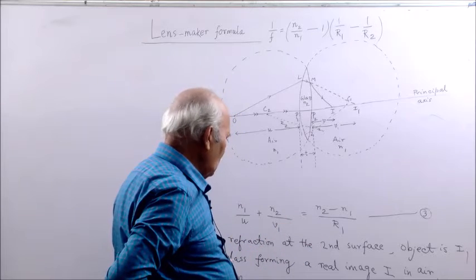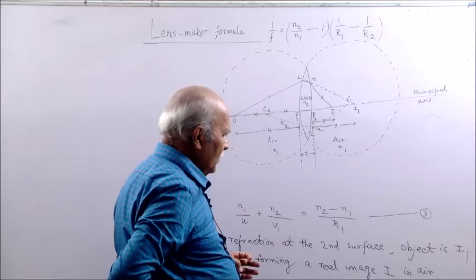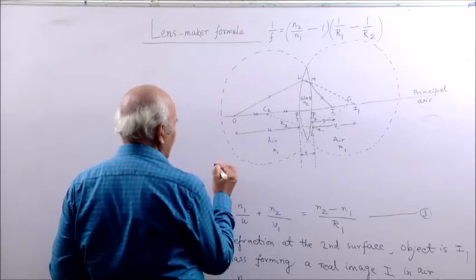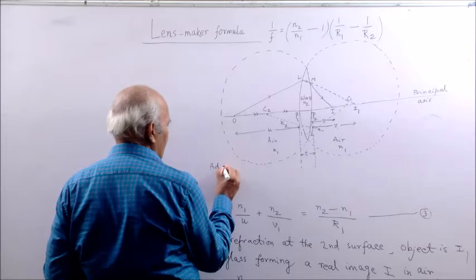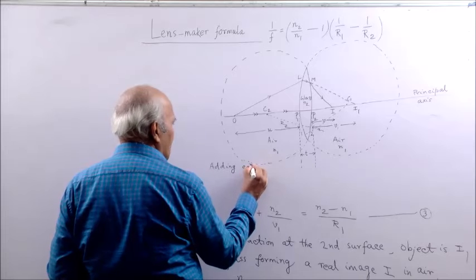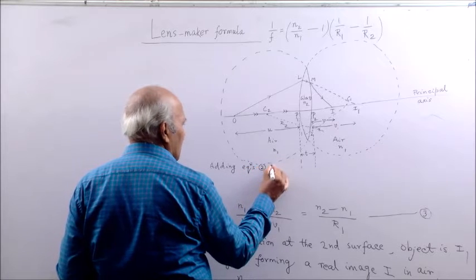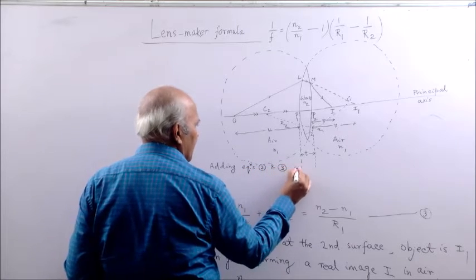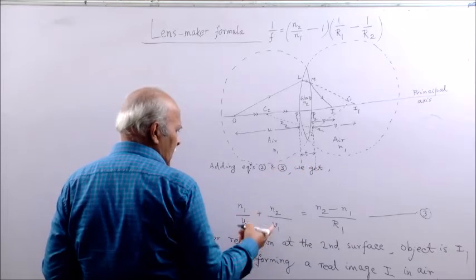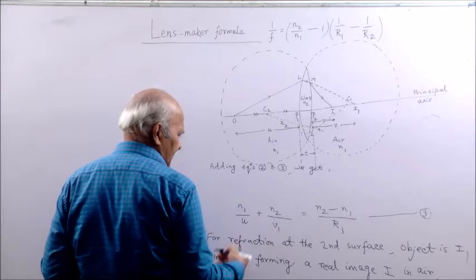So now you can add. Adding equations 2 and 3, we get, you see, N2 by v1 cancels.